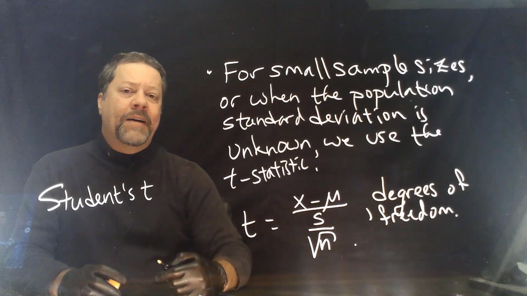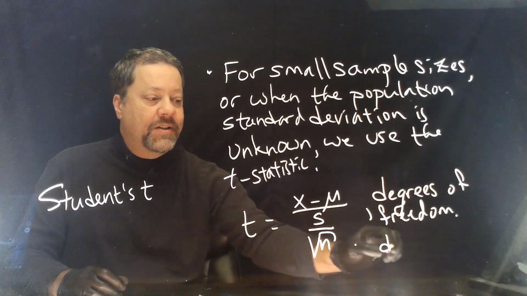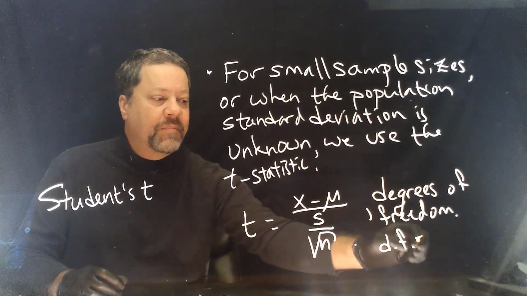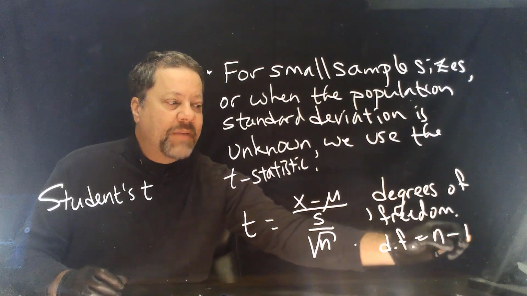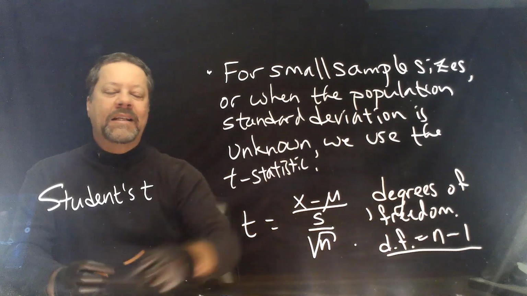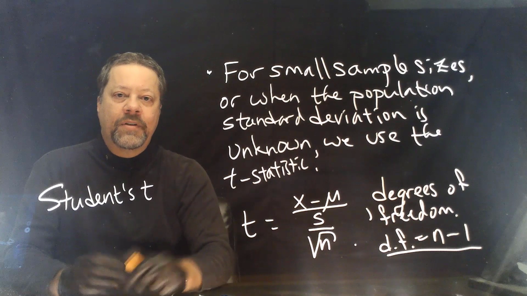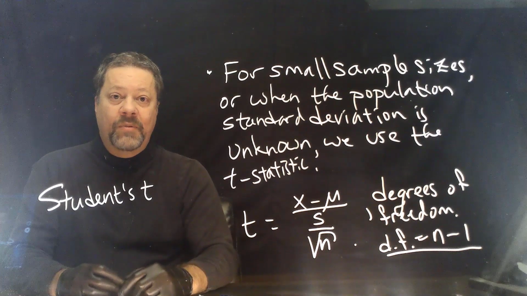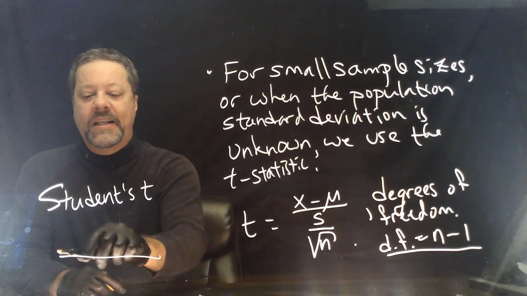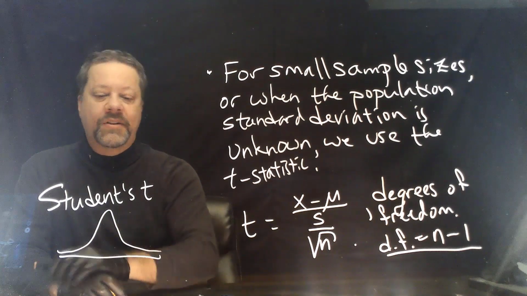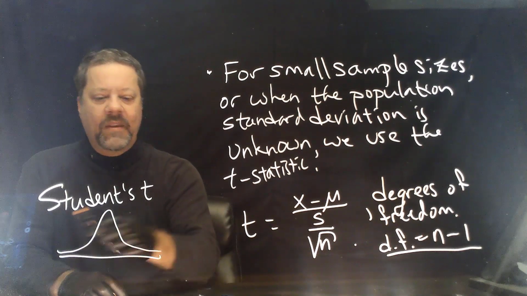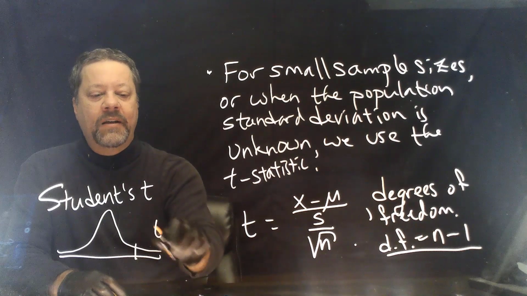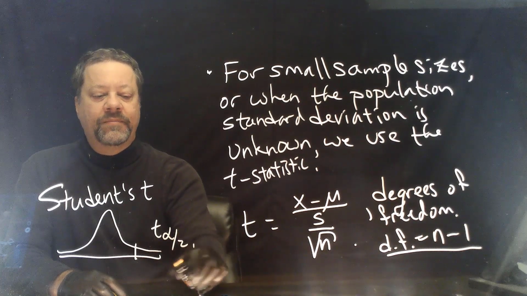What you need to know about that right now is it's denoted by df, and it will be the sample size minus 1 when we're dealing with confidence intervals for the mean. Also, because there is a Student's T distribution that looks similar to the normal distribution, there are going to be critical t-scores as well.